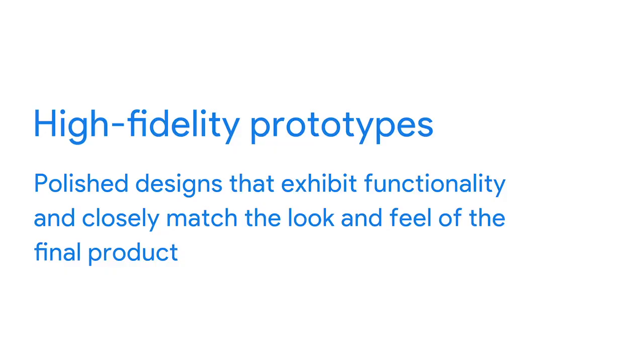They're used to communicate big picture design concepts and usually don't include finalized design elements or realistic content. High-fidelity prototypes, however, are polished designs that exhibit functionality and closely match the look and feel of the final product. Once designers test and confirm that a low-fidelity prototype works properly, they can create high-fidelity designs. These high-fidelity designs will go through their own testing process.